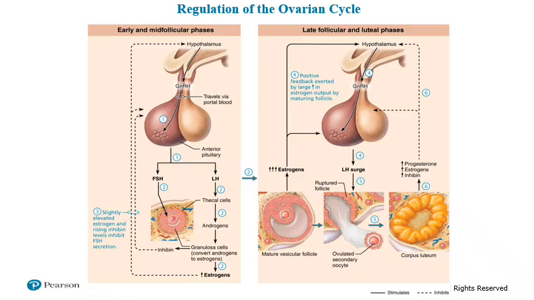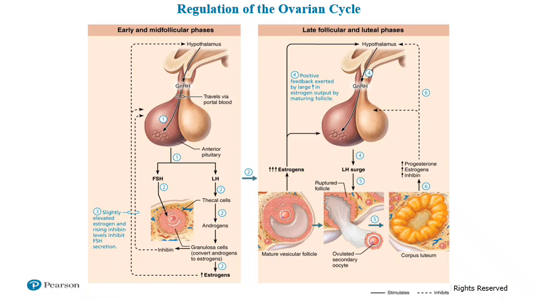Now, during the ovarian cycle at the beginning, during puberty, the moment the estrogen level drops, the gonadotropin-releasing hormone will now be produced by the hypothalamus. The gonadotropin-releasing hormone will stimulate the release of the follicle stimulating hormone and the luteinizing hormone.